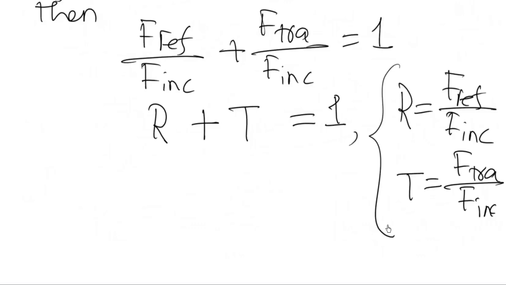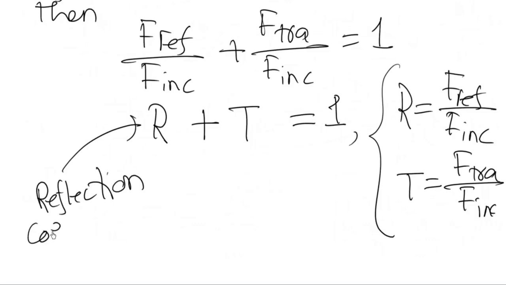This R is called the reflection coefficient, and T is the transmission coefficient.